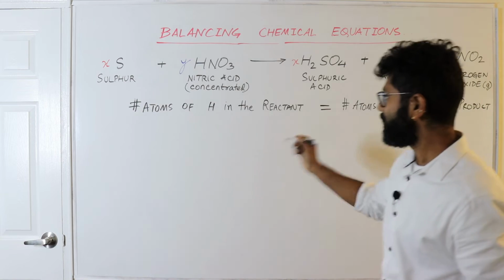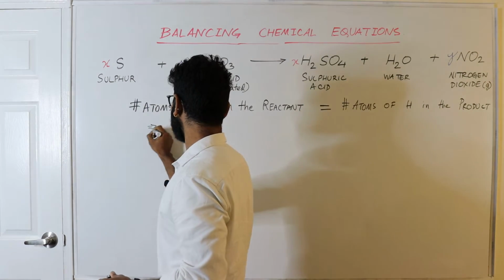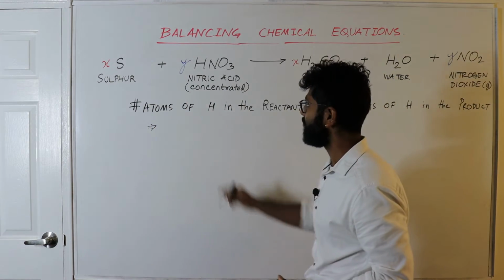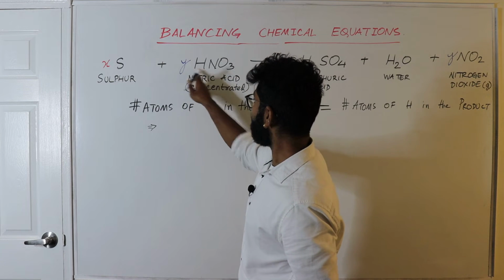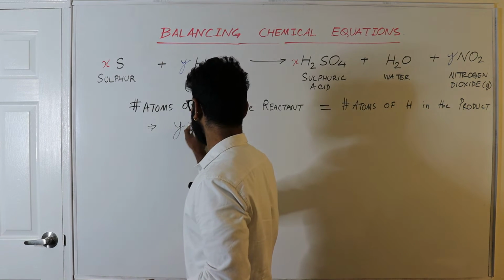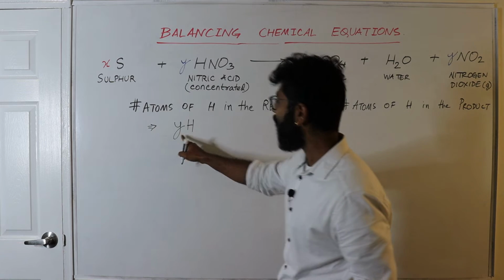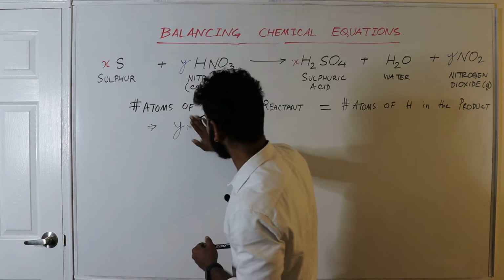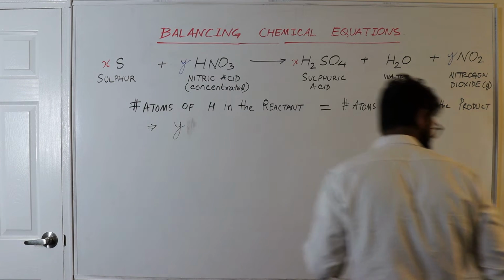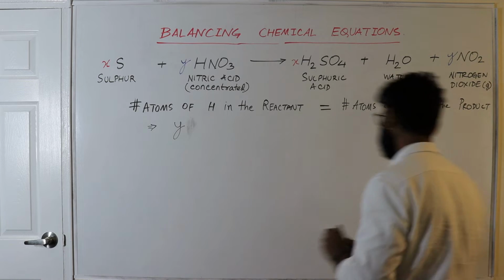Now, calculate the number of atoms of hydrogen in the reactant side. In here you see that the number of hydrogen atoms is Y times H, so the number of hydrogen atoms is actually Y, right?